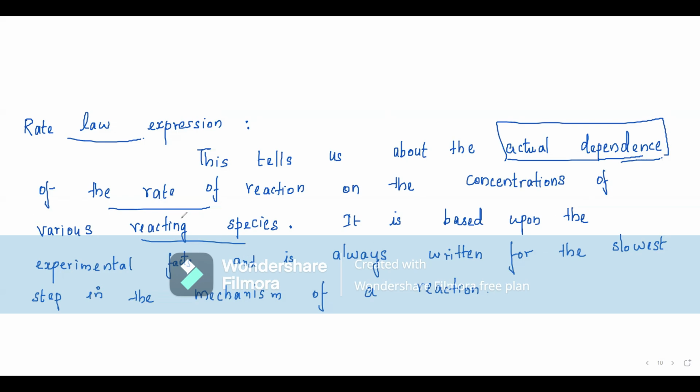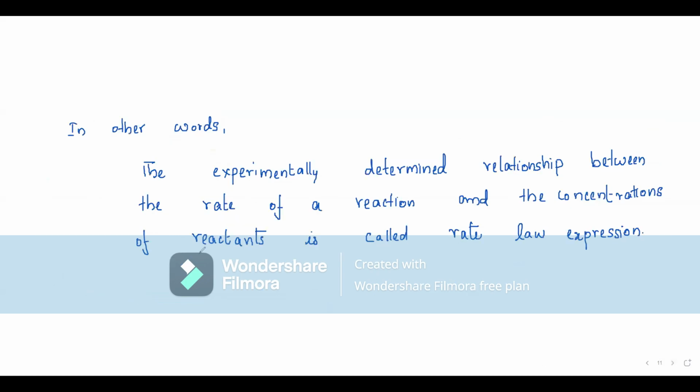So, the actual dependence of the rate of reaction on the concentration of reacting species. It is based upon experimental fact and is always written for the slowest step in the mechanism of the reaction. This will become clear in a while, so till then, let's leave it as it is.